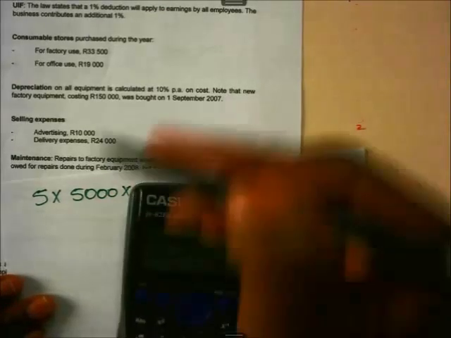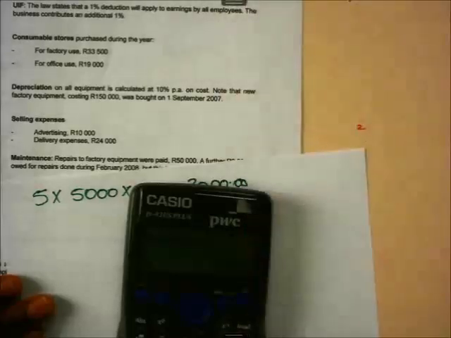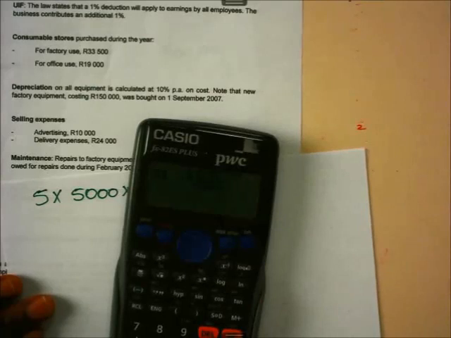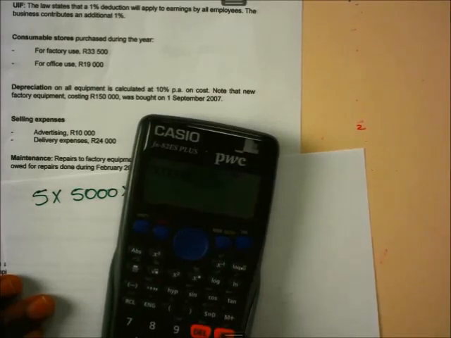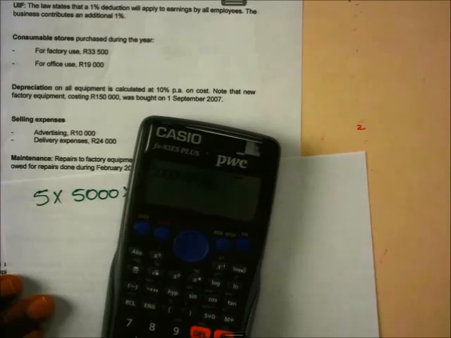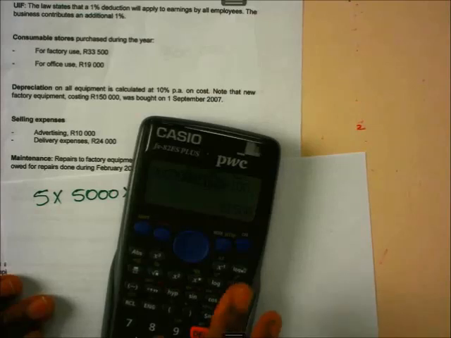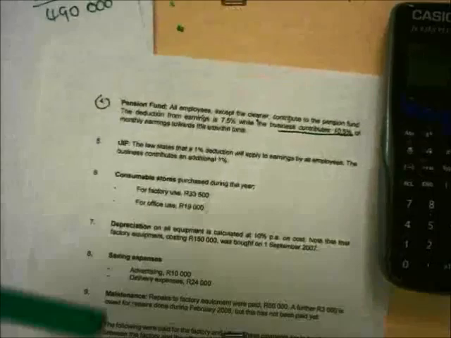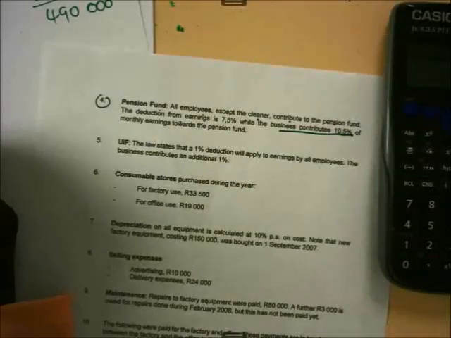Now, the business contributes 10.5 towards pension funds. So we are going to say 300,000 as the total salary or wage for the whole year, multiply by 10.5 to get the contribution of 31,500. Pension fund contribution.